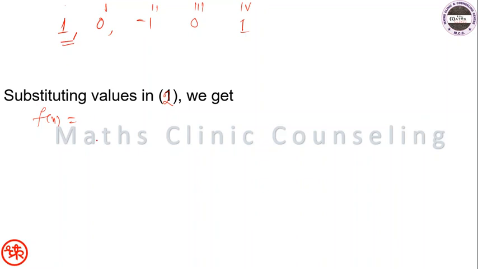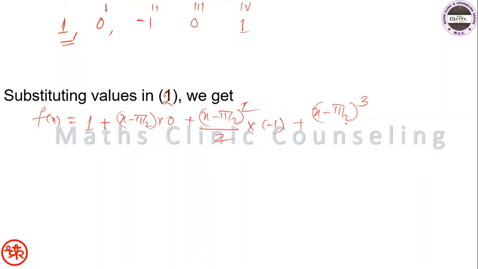We determined this, 1, plus x minus pi by 2 into 0 plus x minus pi by 2 whole square by 2 factorial, and 2 factorial is 2, into minus 1, plus x minus pi by 2 raised to the power 3 upon 3 factorial, that is 6, into 0, plus x minus pi by 2 raised to the power 4 upon 4 factorial, that is 24, into 1, and then plus and so on.